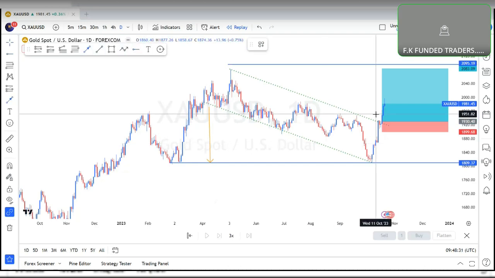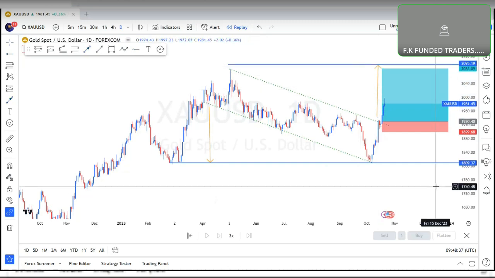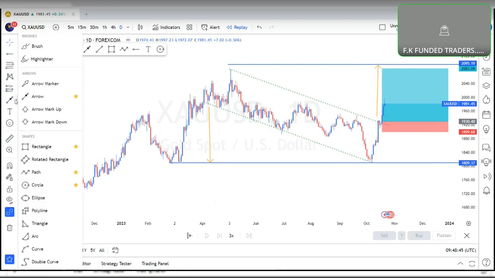The distance from here to here, they are the same. So that's where you're supposed to put your take profit as a trader.